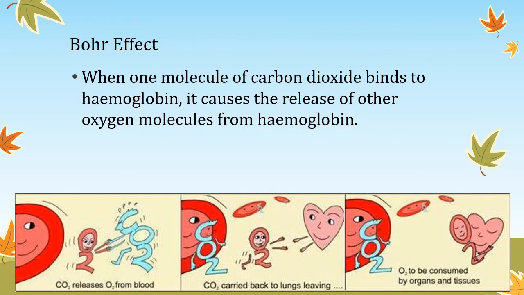Now let's talk about the Bohr effect. When one molecule of carbon dioxide binds to hemoglobin, it causes the release of other oxygen molecules from hemoglobin. What does this mean? It means that when one molecule of carbon dioxide comes in and binds to the hemoglobin, it causes the release of other oxygen molecules from the hemoglobin much more easily, and therefore oxygen can now be used by the tissues.